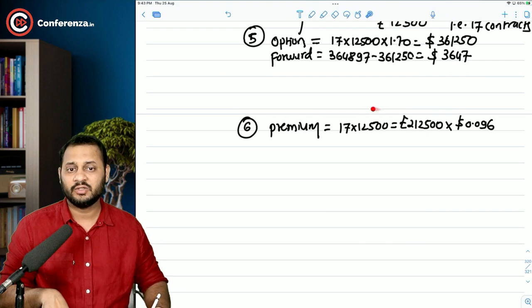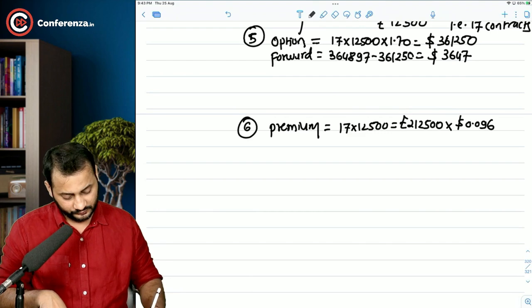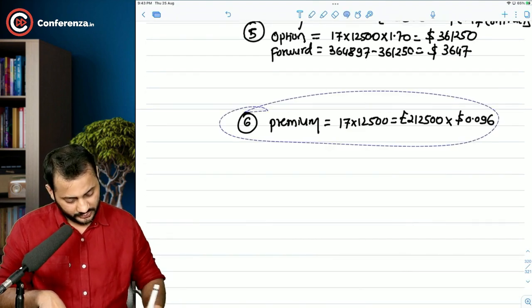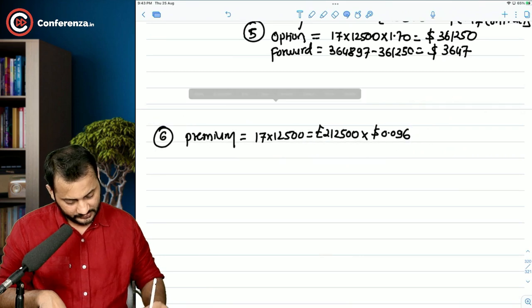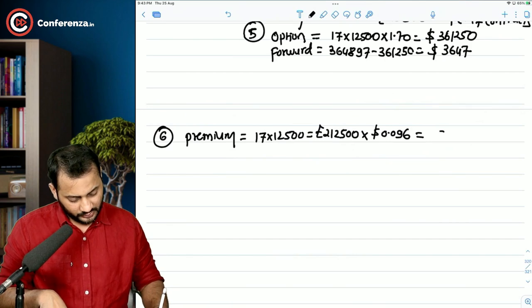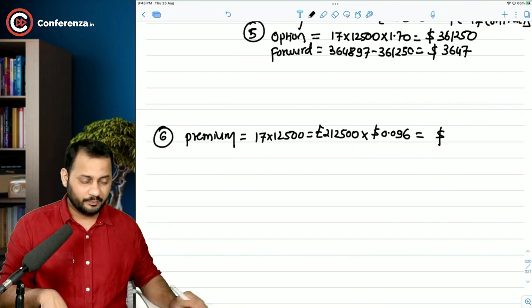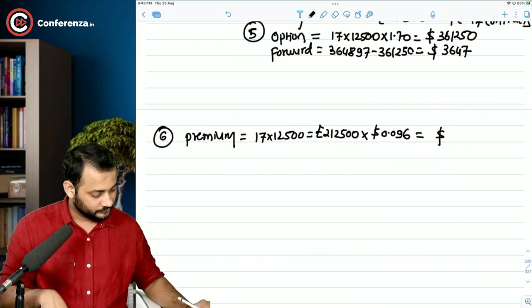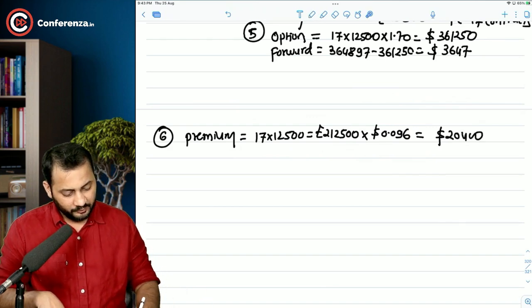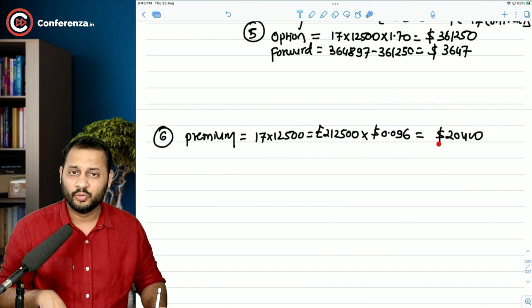And this has been calculated as 17 contracts that you have purchased for put option. Okay, sir. Let me just write it here. So the total outflow, the dollar required to make the premium payment is 20,400. Please understand, this is not your home currency.